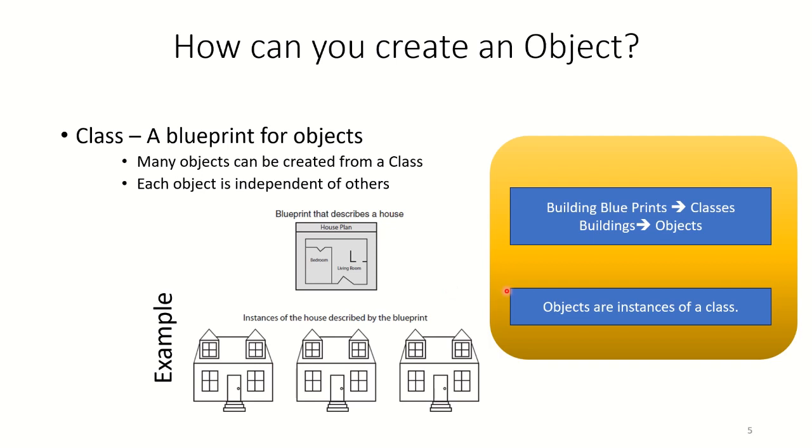In a program, the objects are comparable with the buildings and the classes are comparable with the blueprint. So the classes contain the attributes and function specifications and an object can be considered as an instance of a class. We can create multiple instances of a class, each representing an independent object.